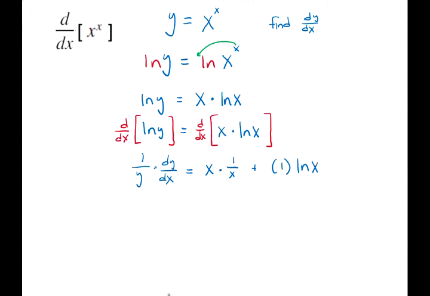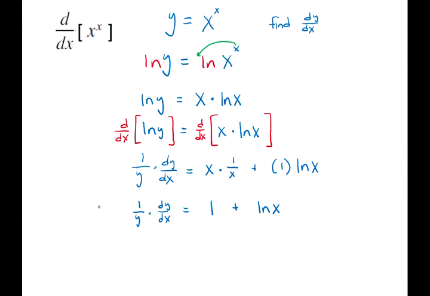Looks like here the x's cancel. So x times 1 over x, that equals 1. So we have 1 over y times dy dx is equal to 1 plus the natural log of x.